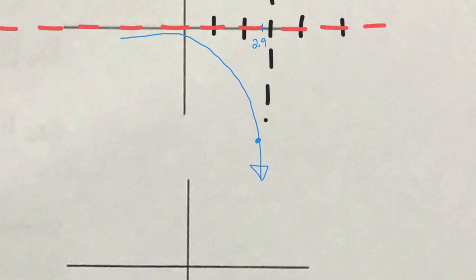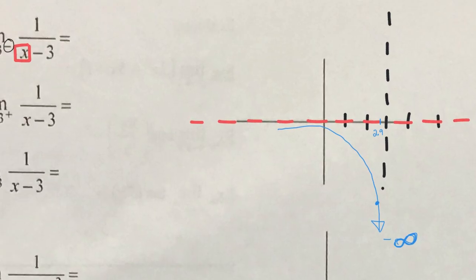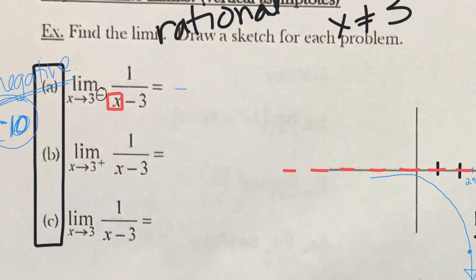And what is the limit if my graph goes down? Negative infinity, right? As I get closer and closer to 3, so 2.9 and 2.99 and 2.9999, I'm going to get a bigger and bigger negative number. So on the left side of x equals 3, the left side of my asymptote, the graph is going down to negative infinity.